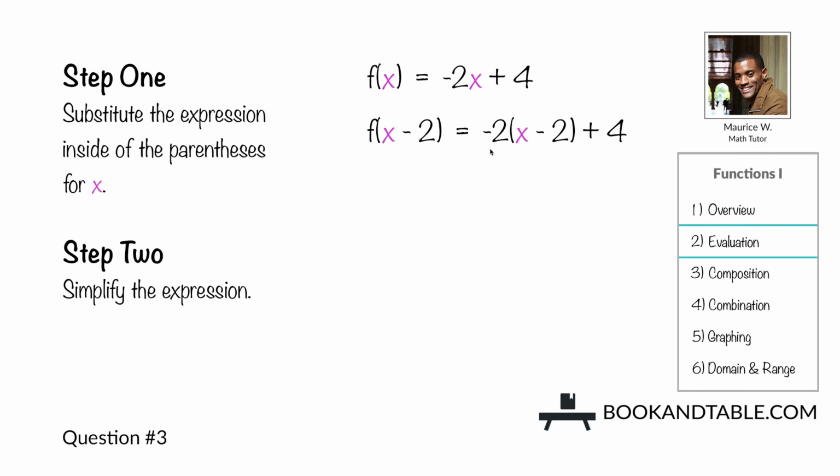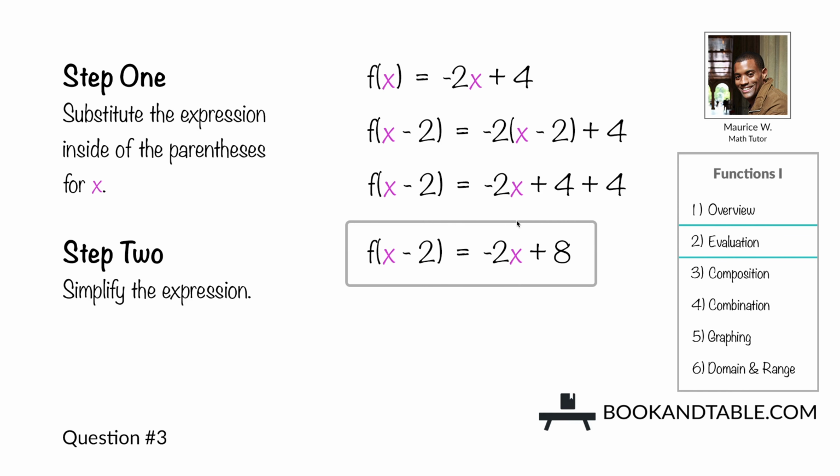So we want to distribute this negative 2 to both terms inside of the parentheses, which will give us negative 2 times x, which is negative 2x. Negative 2 times negative 2 is positive 4, plus 4. And now we combine positive 4 and positive 4 to give us positive 8. So we get f of x minus 2 is equal to negative 2x plus 8.